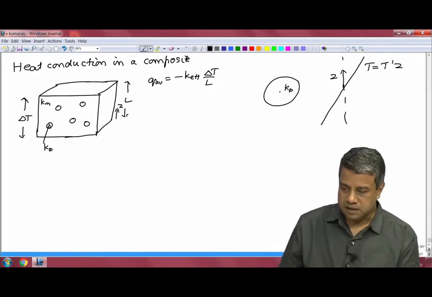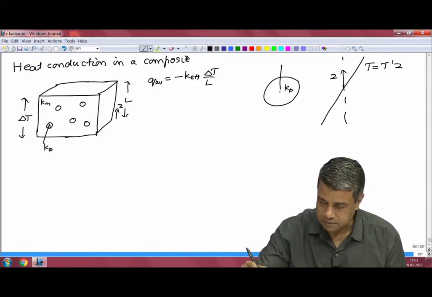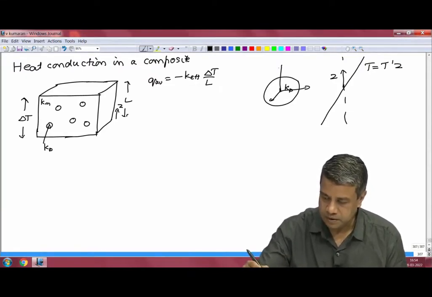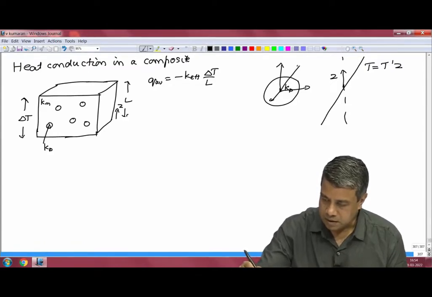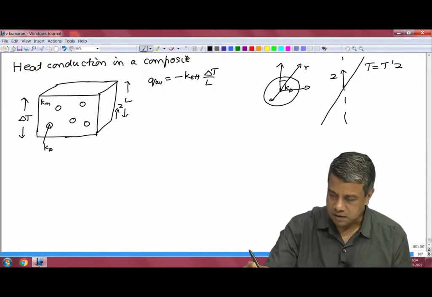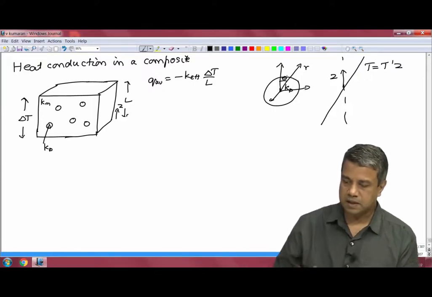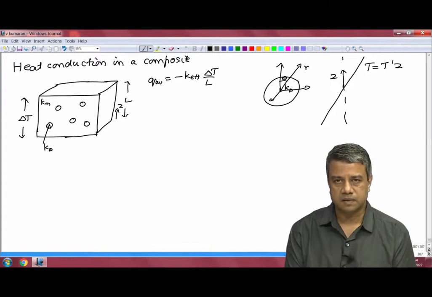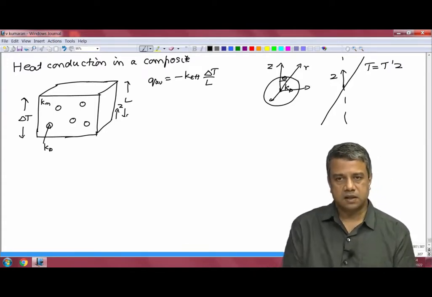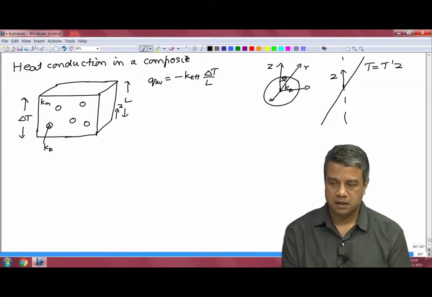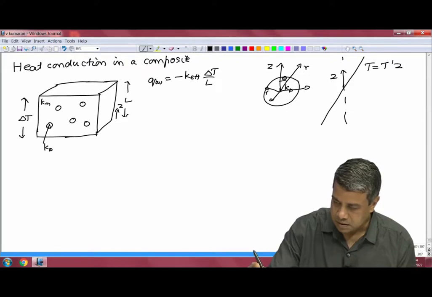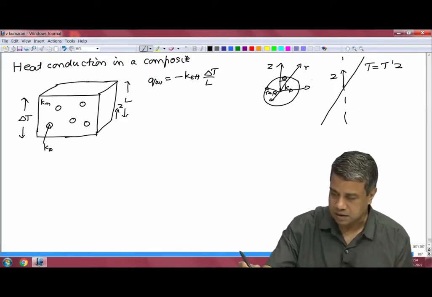And we had analyzed this in a spherical coordinate system, where r is the distance from the origin and theta is the angle made by the radius vector with respect to the plus z axis. So, theta varies from 0 to pi and the surface of the particle is at r equals R, where R is the radius of the particle.